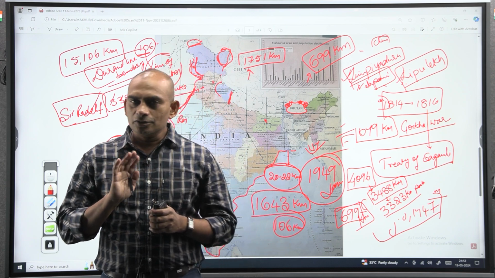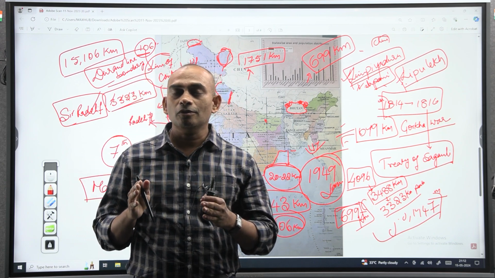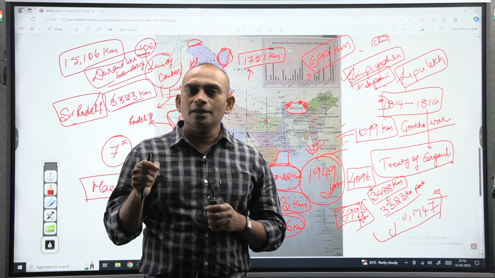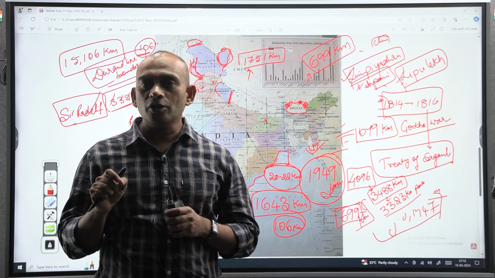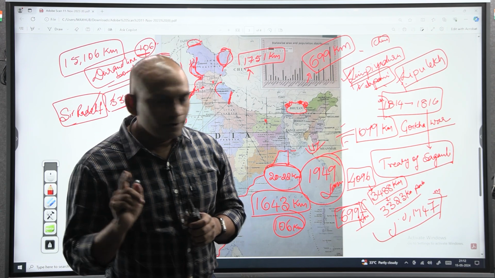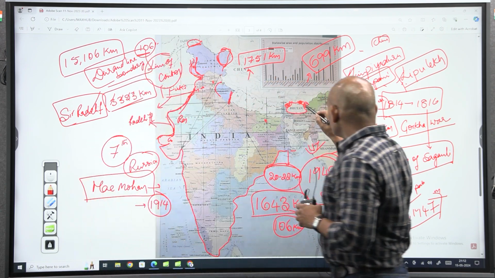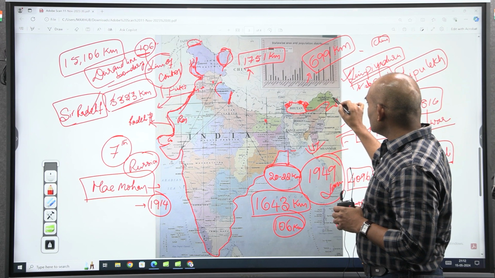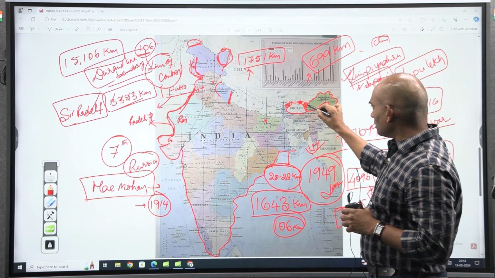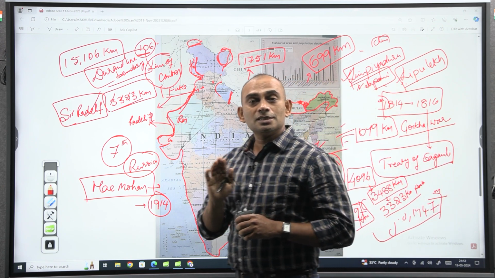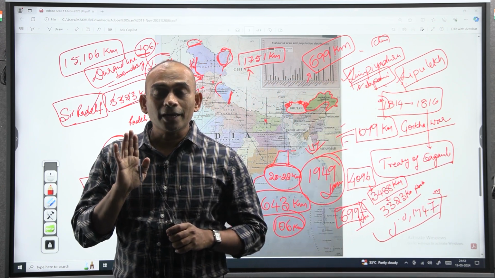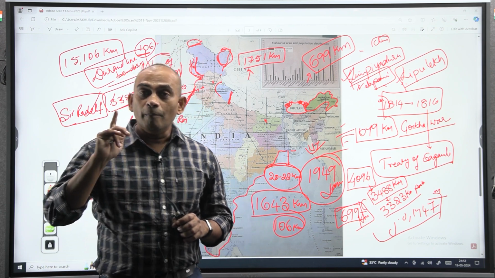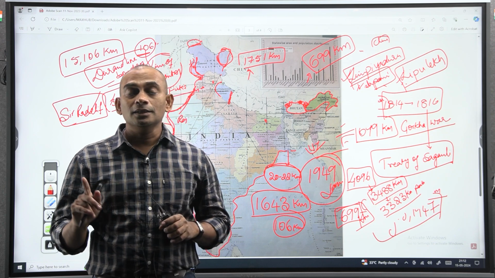So there is actually no dispute, but this is how China wants to occupy some area which is strategically important to China. Even with regard to Arunachal Pradesh, China is claiming the entire Arunachal Pradesh because it is not recognizing the McMahon boundary line.